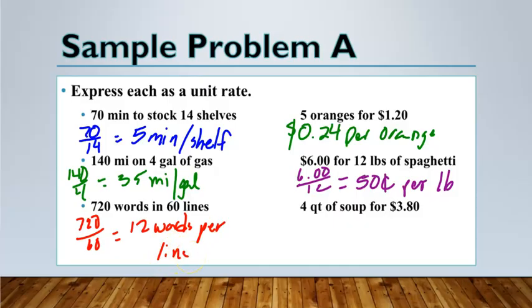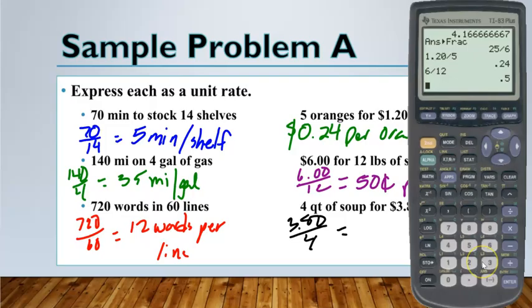And this last one, 4 quarts of soup for $3.80. So you would do $3.80 divided by 4 to find the cost per quart. So we'll grab our calculator. We have $3.80, and we're going to divide that by 4 quarts.